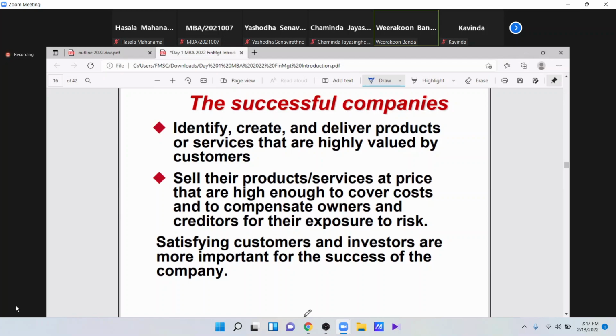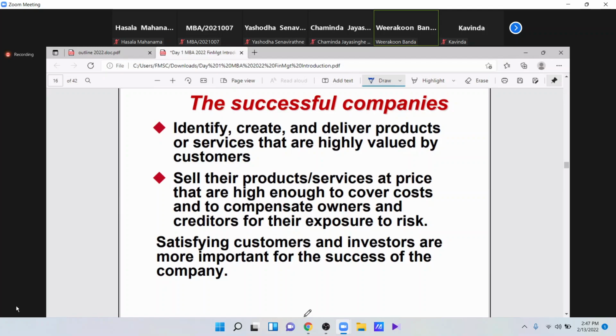They sell their products and services at prices that are high enough to cover costs and to compensate the owners and creditors for their exposure to risk. From the company side, if it is a successful company, through their products, services and prices, that should be enough to cover their company costs in order to compensate the owners and the stakeholders of the company.